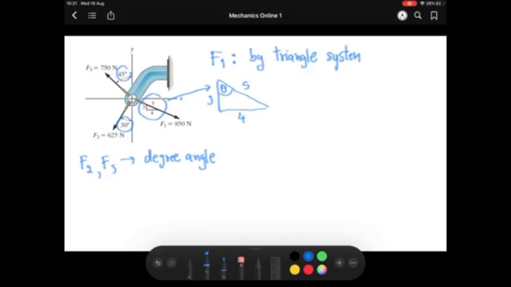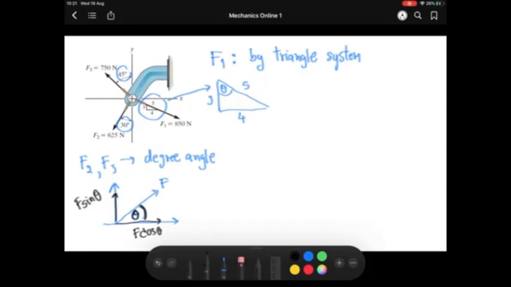The basic concept of two-dimensional vectors is, if you have the vector F here, for the components of the vector you should focus on the angle. The component that is close to your angle will be F cosine that angle, and the other component will be F sine that angle.